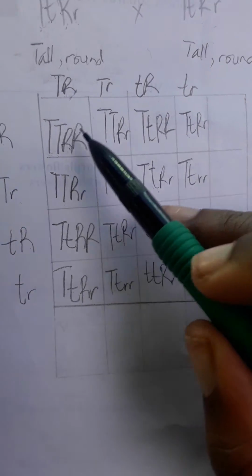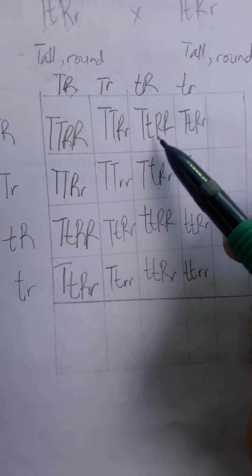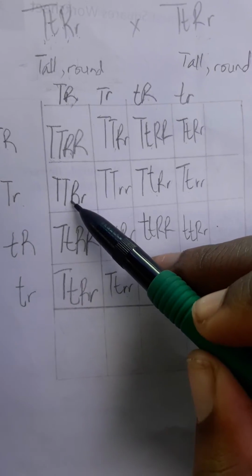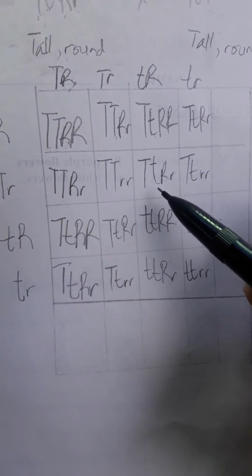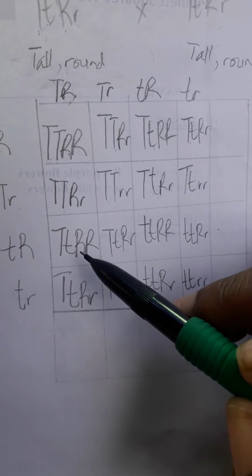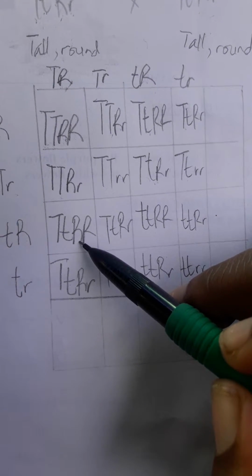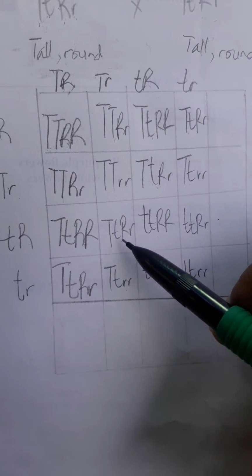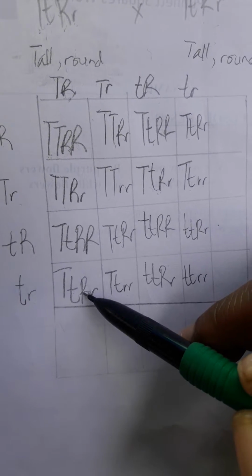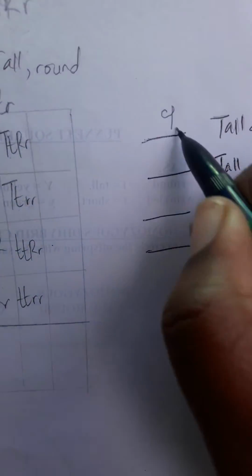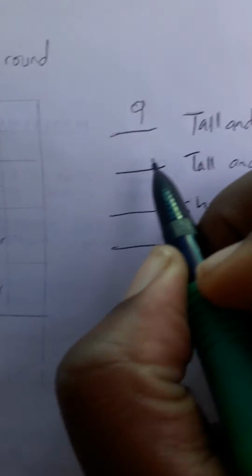So this is 1, 2, 3, 4, 5, no, 6, 7, 8, 9. So now we're getting 9 tall and round.